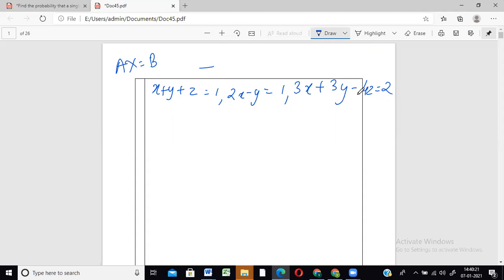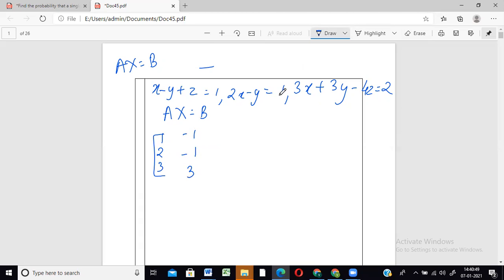1, 1, 2, likewise. Okay, so for this one, the matrix form AX is equal to B will be of this form. A will be all the coefficients of x: 1, 2, and 3. Y will be 1, minus 1, and 3. Sorry, the question is x minus y, so this will be minus 1, 3.